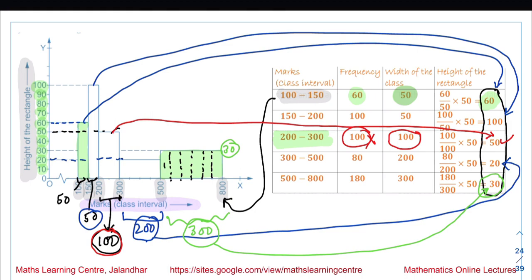So basically we are talking about 6 rectangles over here. Now if I am talking about 180, we have divided 180 by 6 and the answer we get is 30. So this is how we draw the histogram when the class intervals are of unequal size.